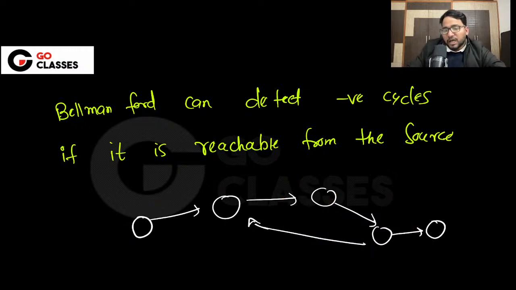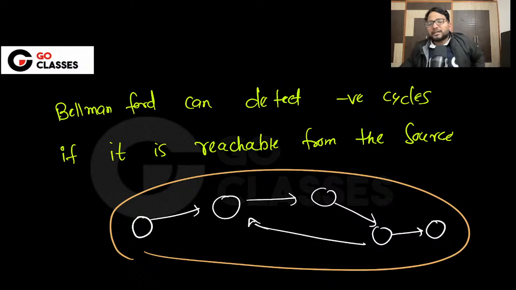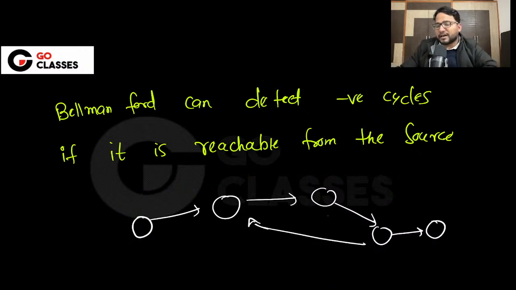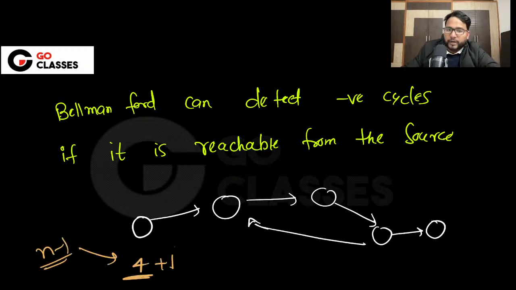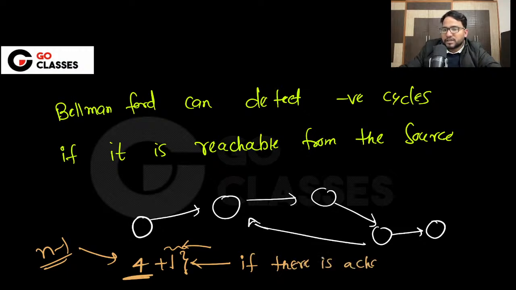If you relax all the edges 4 times, that is n minus 1 times, there is supposed to be the final answer. But if you relax all the edges one more time, then since there's a negative cycle, if you relax one of the edges, at least one of the distances will get reduced. So if there's a change in the last iteration, we say that a negative cycle is present.